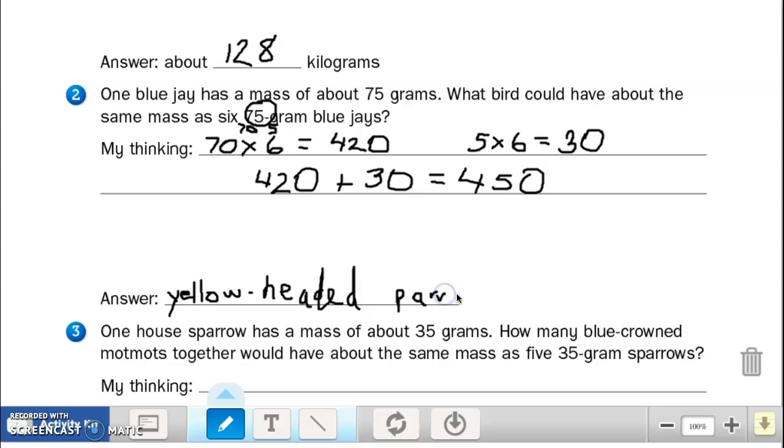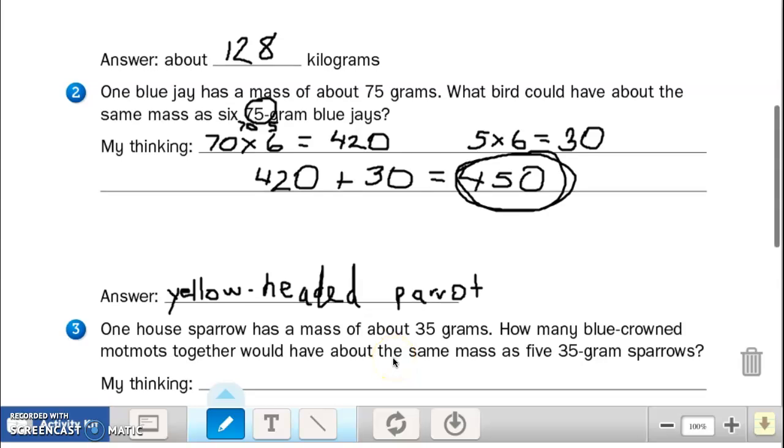Those two birds, if you go to your picture, you can see that those two birds land in this amount right here, between the low mass and the big mass. It's kind of right in there. So those two birds could be put there as your answer.